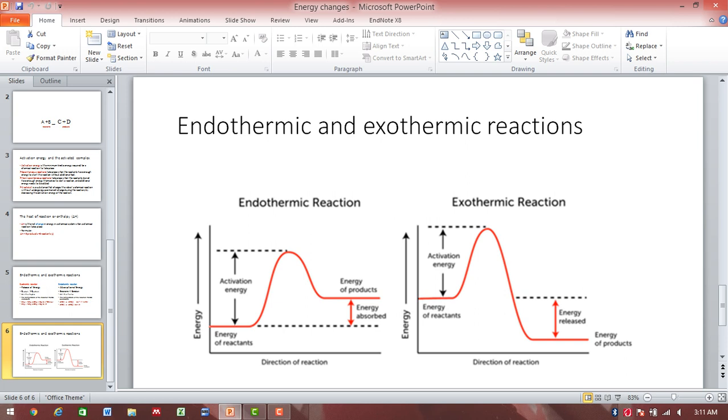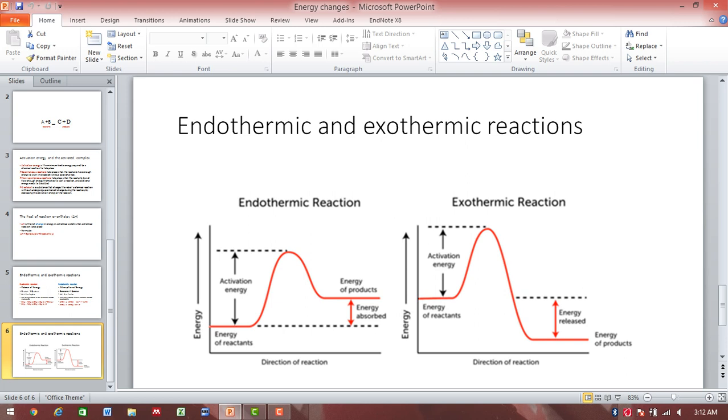Now in terms of exothermic reaction, as you can see, we start with the reactants. We also supply it with the activation energy or the minimum kinetic energy for the reactants to form the products. But interestingly here we have the products being formed with a lower energy than the reactants.